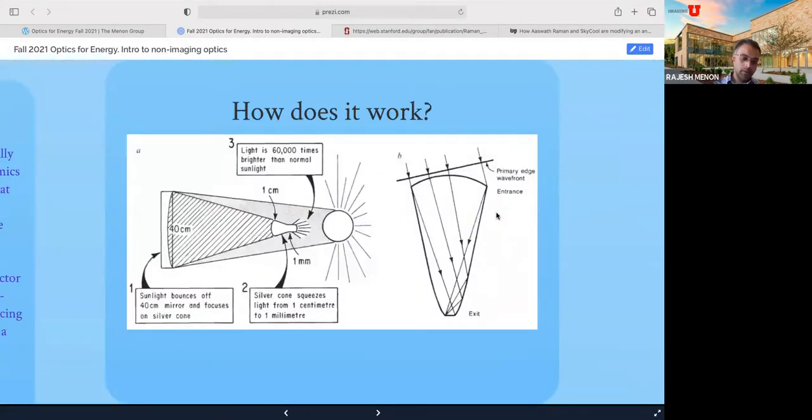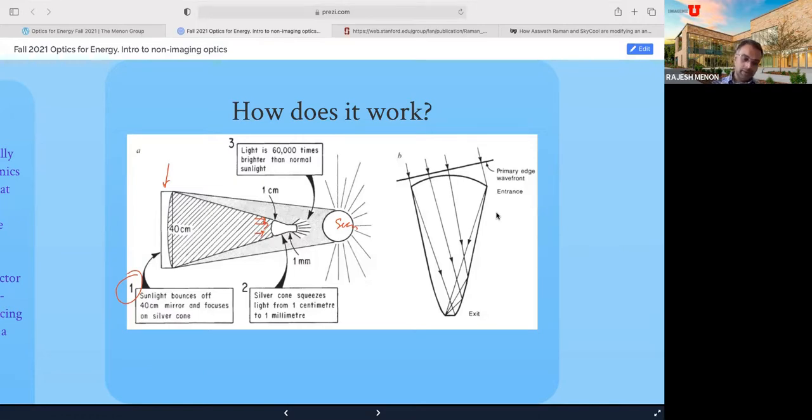There are 3 steps to think about. First of all, here we have the sun. Of course, this is not drawn to scale, as you can imagine. First step, the sunlight bounces off the 40 centimeter mirror. So there's a big mirror here, 40 centimeter diameter, silvered mirror. And it's a focusing mirror, so it's concave, so it focuses, as you learned in your lecture, and it inputs to this surface here, which is a silver conical non-imaging optic, like a CPC.